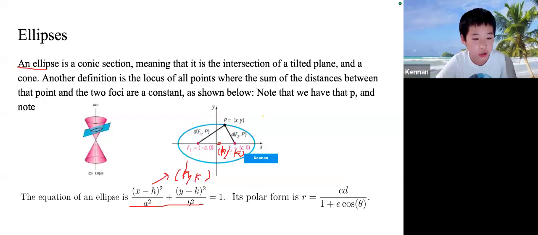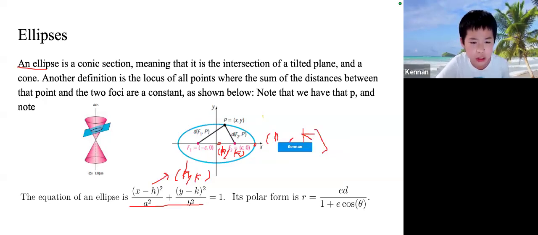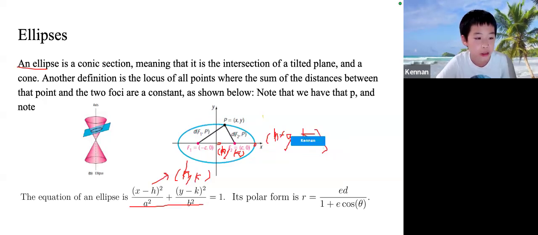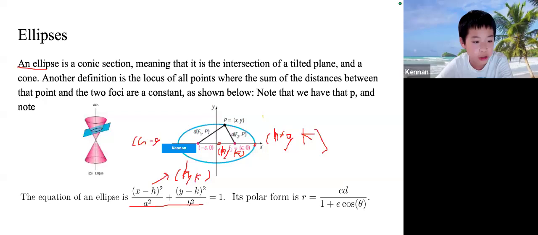Also note that, assuming the y coordinate is k, then this point would be (h plus a, k), and this other point is (h minus a, k).